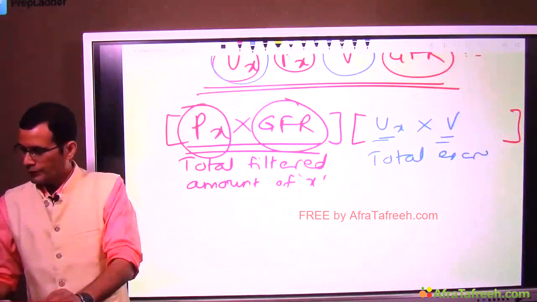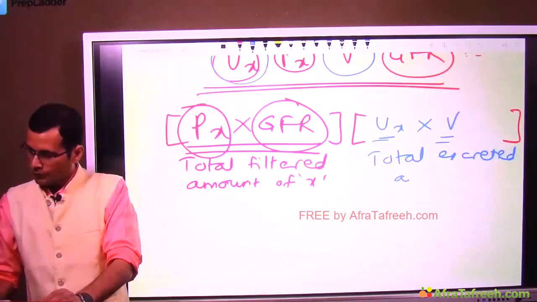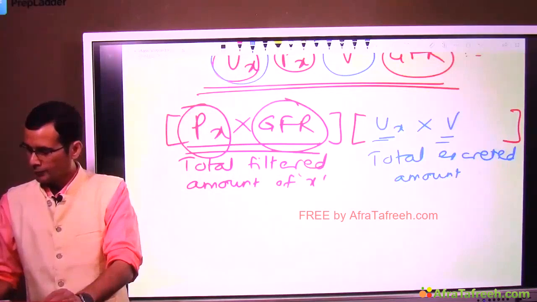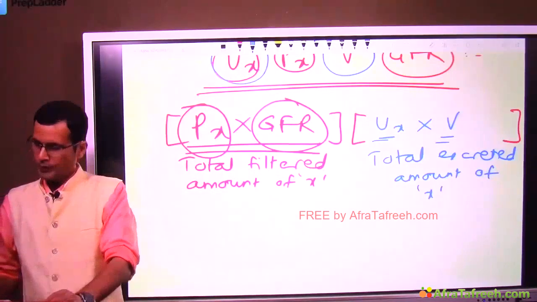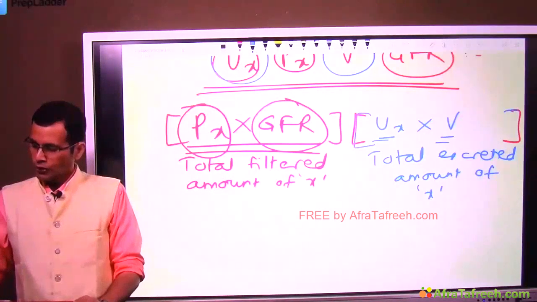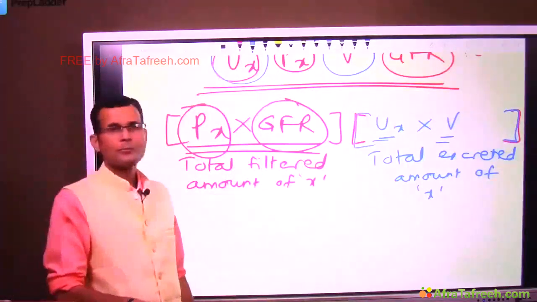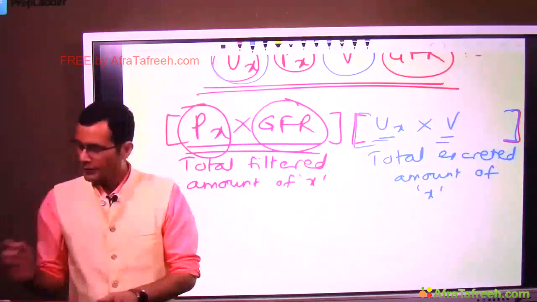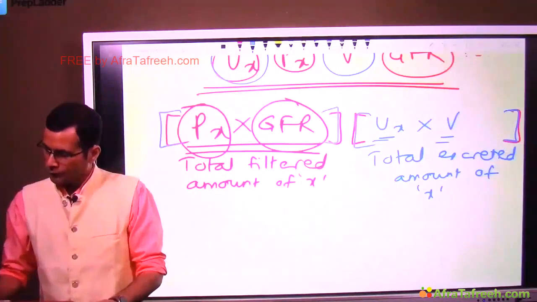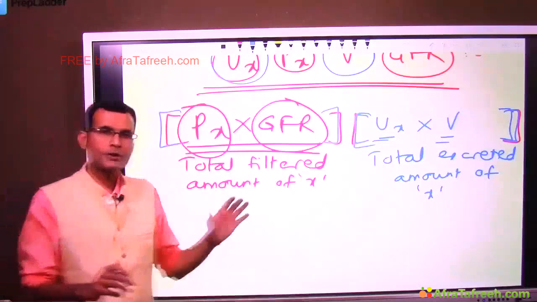Total excreted amount of X per unit time. So that's it. Now it will be easy. Just look at it and tell me. They have given the values and you are calculating. Now come on, tell me.